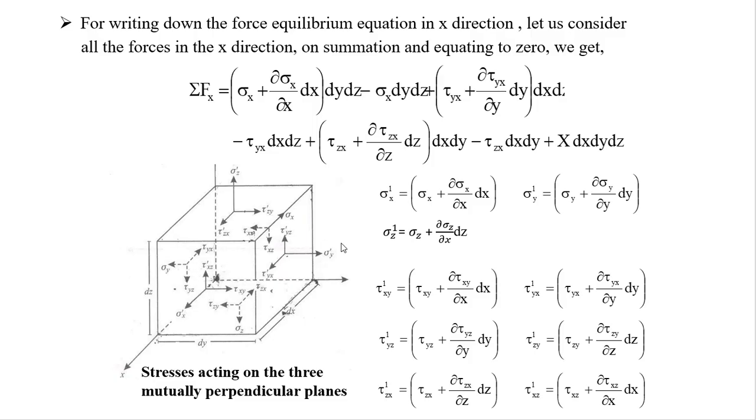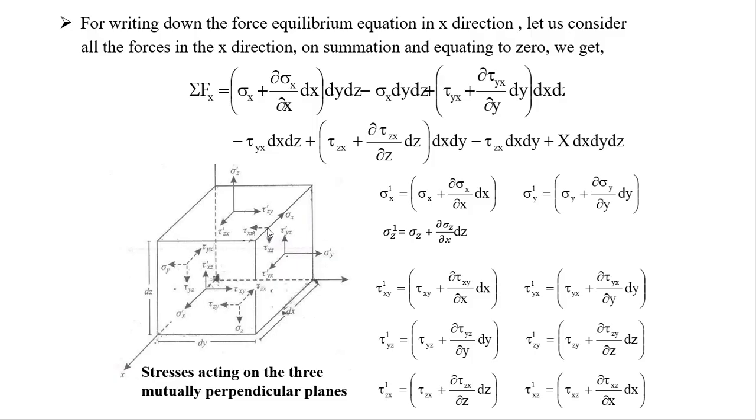The force at this particular element will be indicated by sigma x, the normal stress which is acting on this particular plane, near the 0,0,0 coordinate, on the x and z coordinate. On this plane, sigma x is acting, and similarly 2 shear force components are also generated.